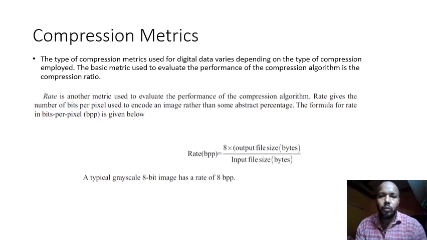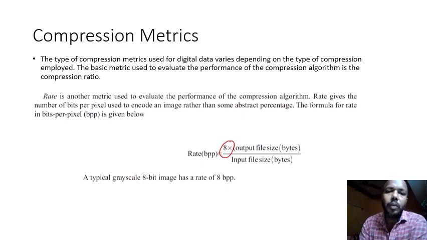Why I used this 8 is because most of the grayscale images we are using have 8-bit depth. That's an 8-bit image, that's why I used 8 here. Suppose we use 16-bit images, there it will be replaced by 16.